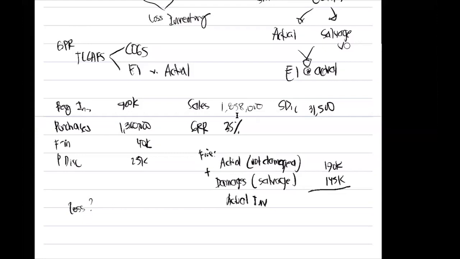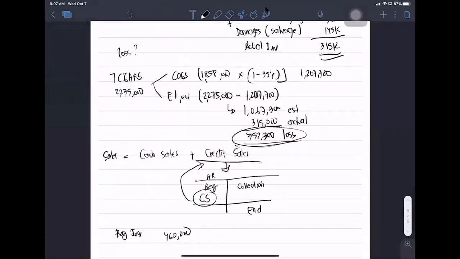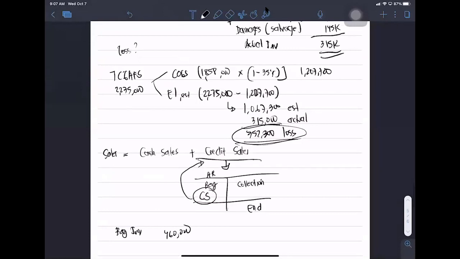Okay, so let's try to have an example wherein hindi given yung sale. So we have your beginning inventory amounting to 460,000.